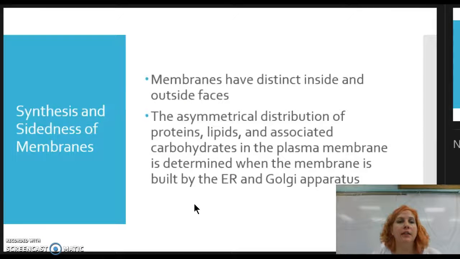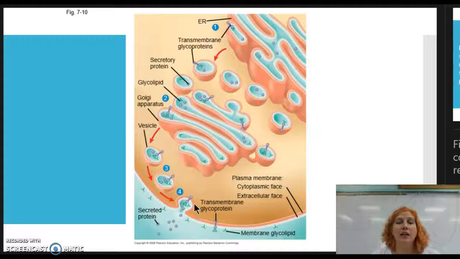Membranes have distinct inside and outside faces. The asymmetrical distribution of proteins, lipids, and associated carbohydrates in the plasma membrane is determined when the membrane is built by the endoplasmic reticulum and the Golgi apparatus. So as you can see, there's a sidedness to the finished product, and that is all because of the way that, in this diagram, you can see that the transmembrane proteins are created and sided into the membrane.